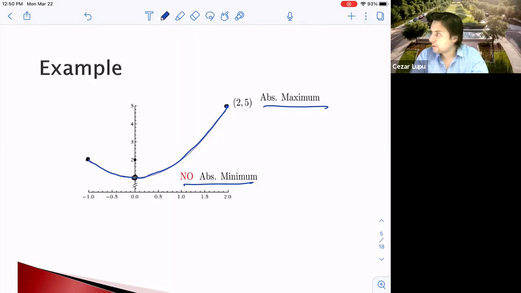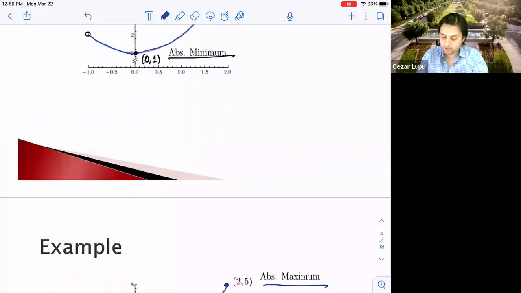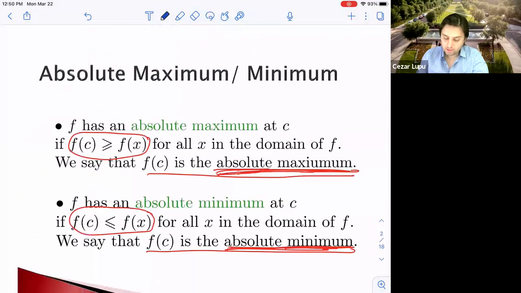All right. So now let's see, how do we relate these absolute min and absolute max? And let me go back to the definition, because this is important.